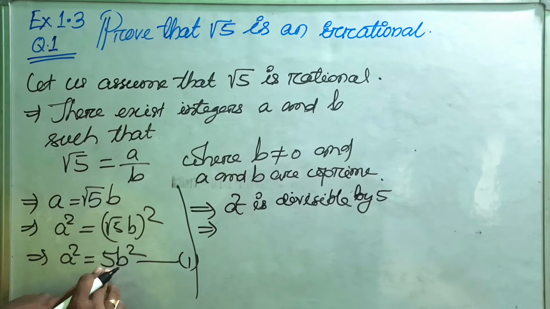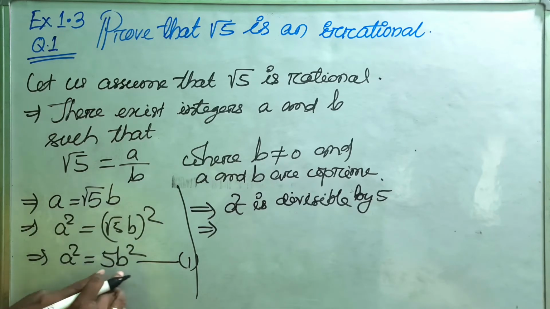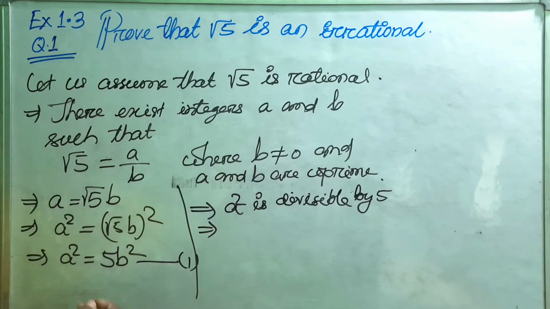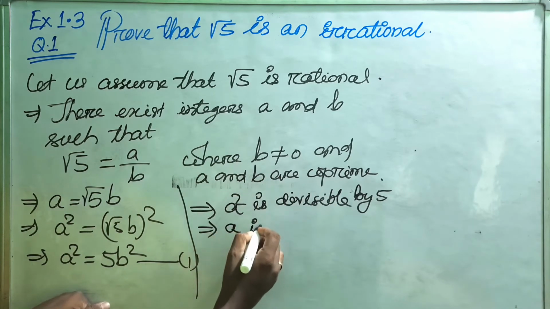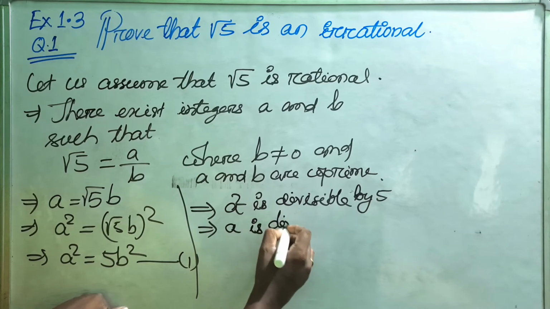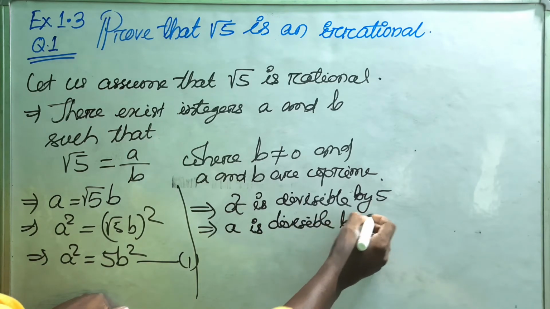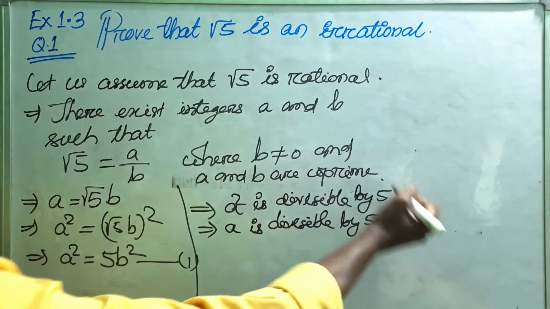If it is multiplied by 5, it will be a multiple of 5. So a square is a multiple of 5, and obviously it is divisible by 5. This implies a is divisible by 5. Take it as equation 2.